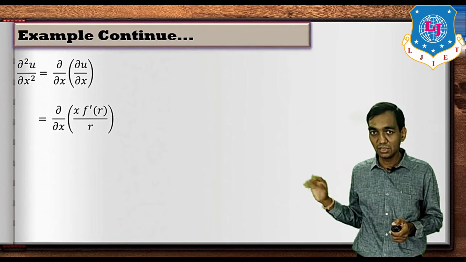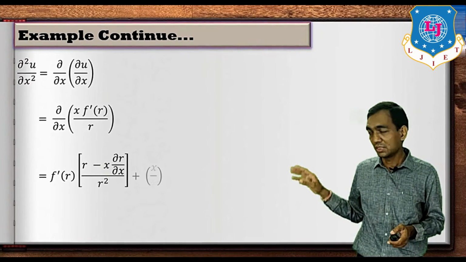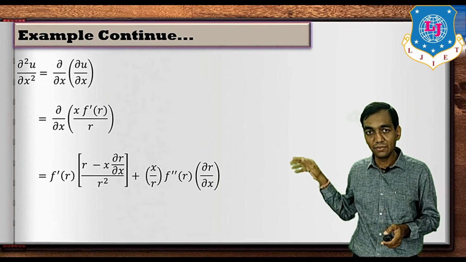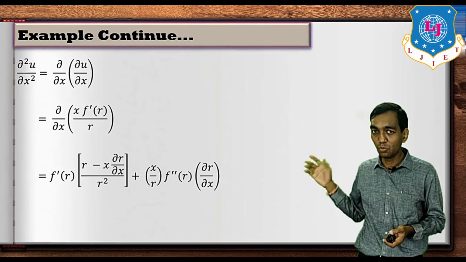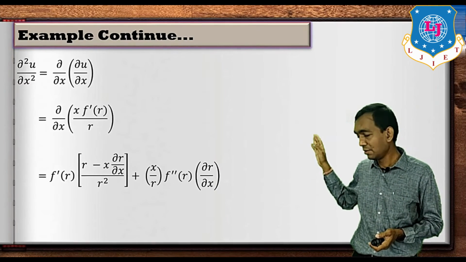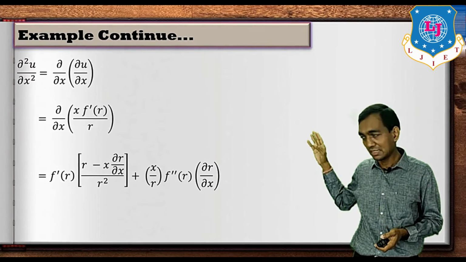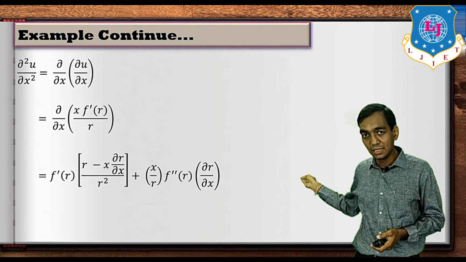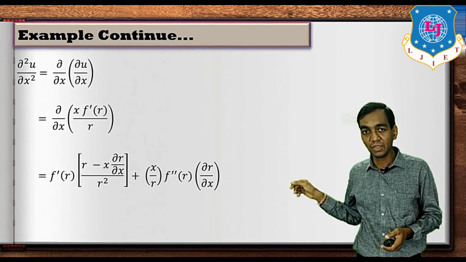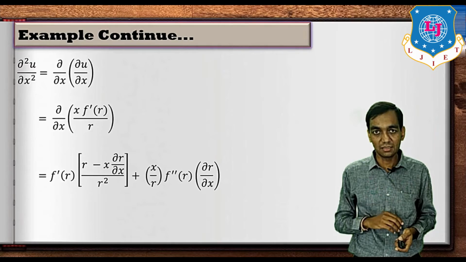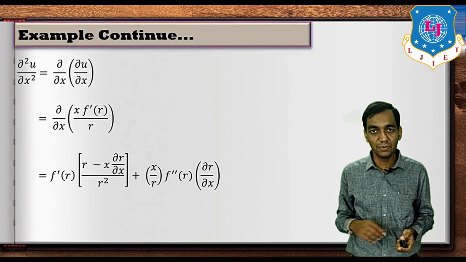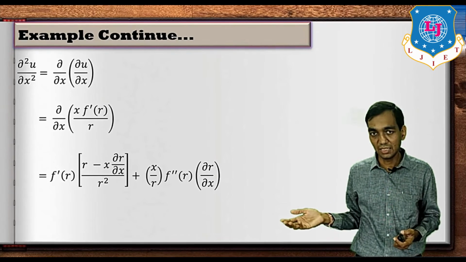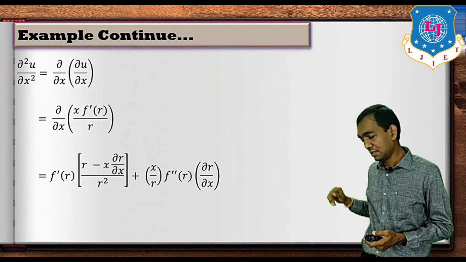Applying the multiplication rule, that will give you first f dash r as it is and the derivative of x by r with respect to x, that will be the u by v rule. So r as it is, derivative of x, that will be 1, minus x as it is, derivative of r, that will be del r by del x, divided by r square, plus x by r as it is and the derivative of f dash r is f double dash r into del r by del x.